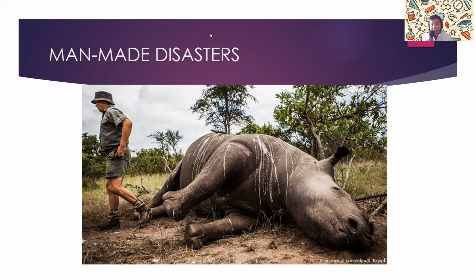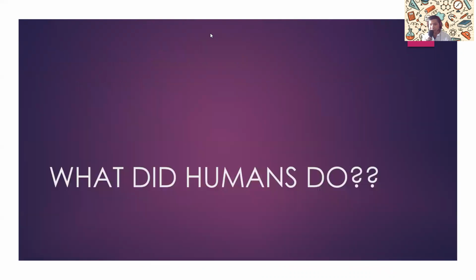Rhinos have less than 1,000 alive today, and people are trying to find ways to make them have more babies so that the rhinos can live more on the earth. However, humans like to kill them because they like to cut the horns of the rhinos. I don't know why, that's just one thing they want to do.